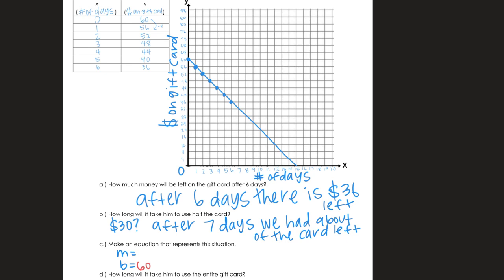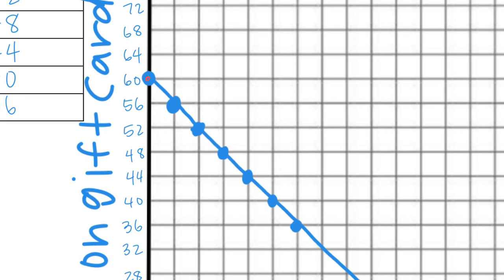And then let's look at our slope. Now be careful because we didn't count by ones like a lot of our other graphs. When I did my slope from this dot right here to my next dot, you would think we went down 1 and right 1, but really we counted by 4s.